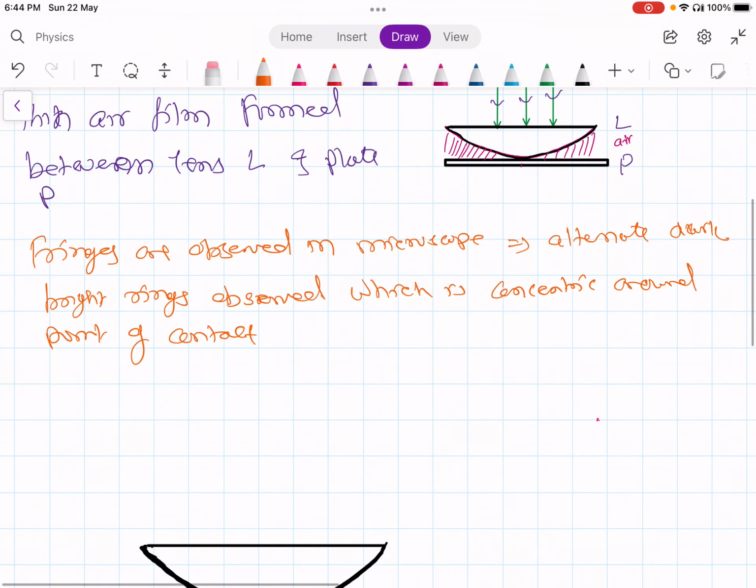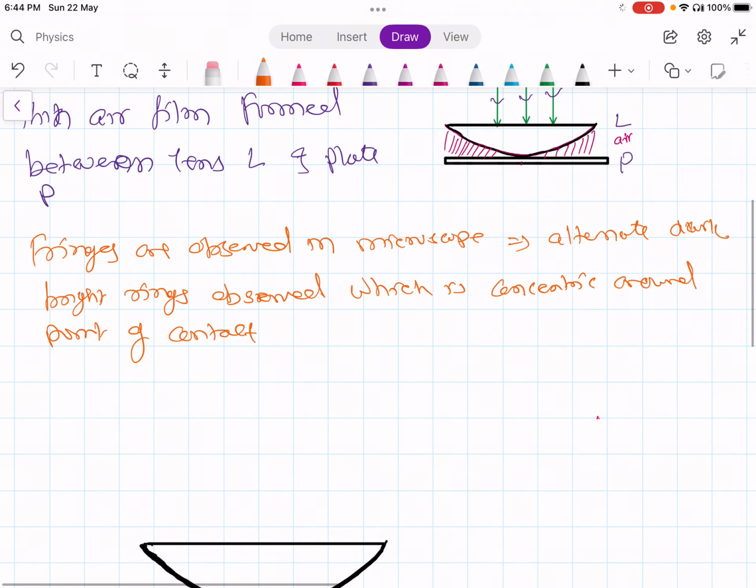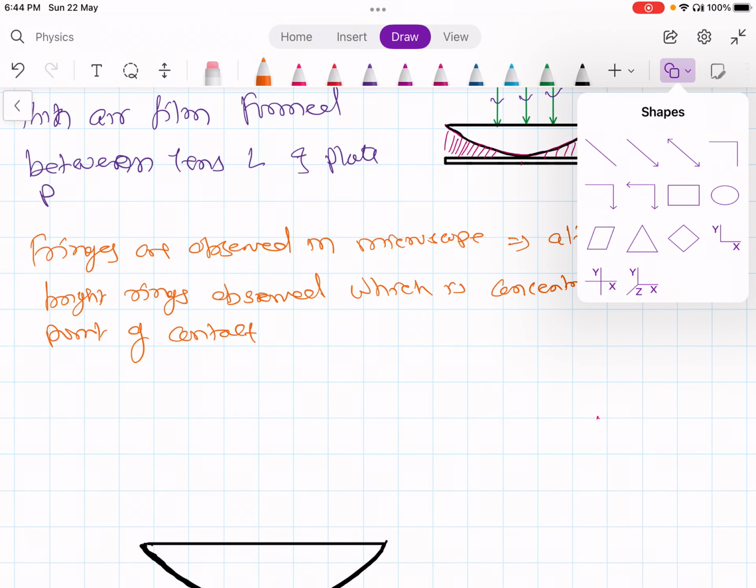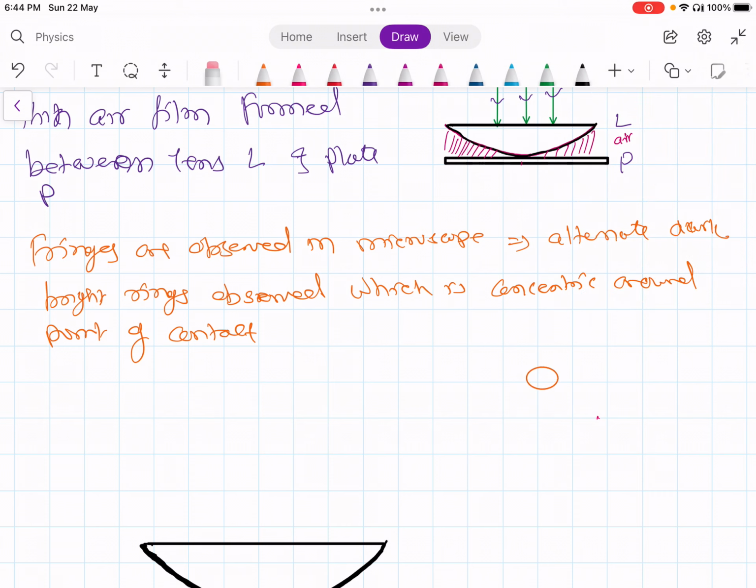In the microscope, you will see alternate dark and bright rings like this.